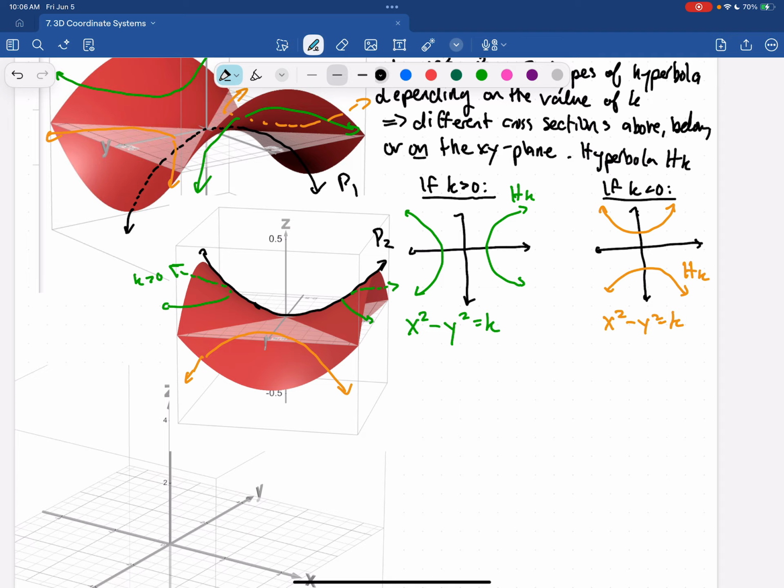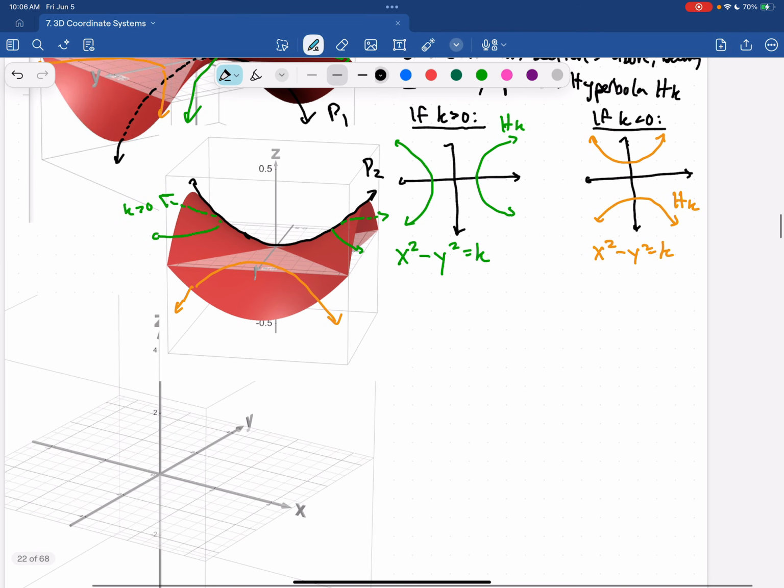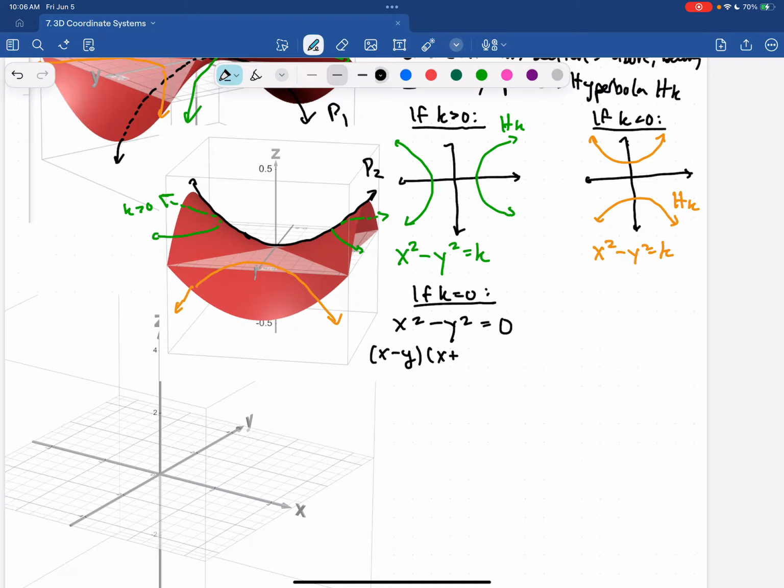We've also got the situation where k is equal to 0. Well, if k is equal to 0, the hyperbola is actually a pair of lines. This is called the degenerate case. Again, this is something you would have covered in Math 20 if you took it 15 or more years ago.